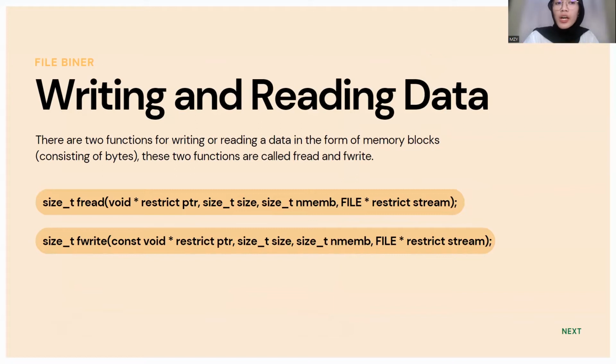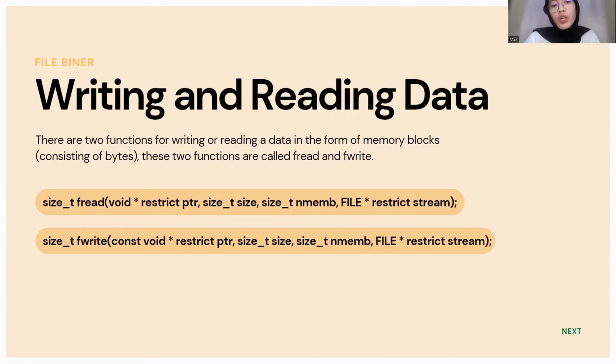There are two functions for writing or reading data in the form of memory blocks consisting of bytes, called binary files, and these two functions are called fread and fwrite. What you see here is the basic form of them.